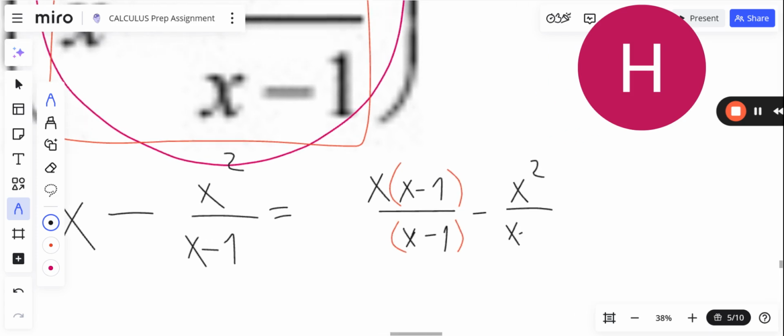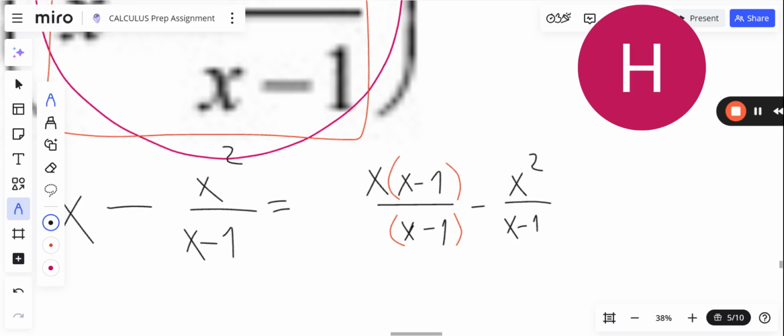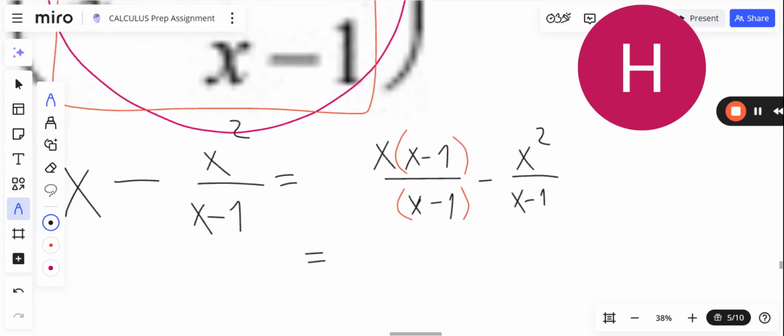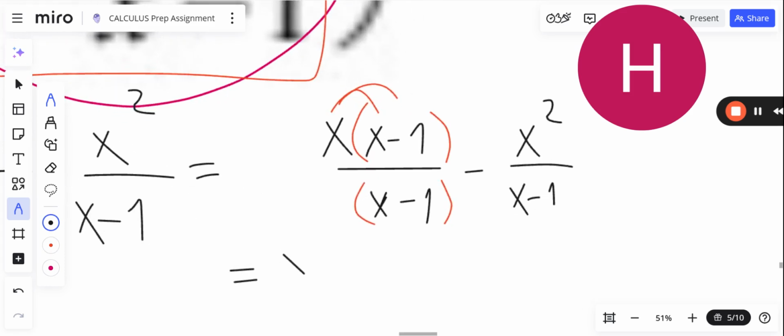And now they have the same denominator. So if I distribute this along the top, I have x squared minus x squared. I can put everything together now over x minus 1, and this will give me a negative x due to the cancellation of those over x minus 1.